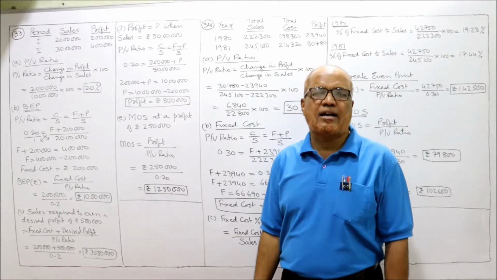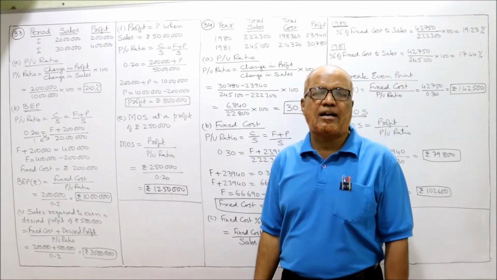Now last, fifth point. Margin of safety, MOS at a profit of rupees 2,50,000. I have given two formulas for calculating MOS, margin of safety. One, actual sales minus break-even sales. Second formula, profit by PV ratio. Any formula we can apply depending on the information given in the problem.